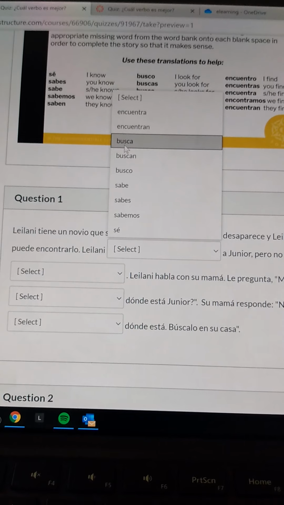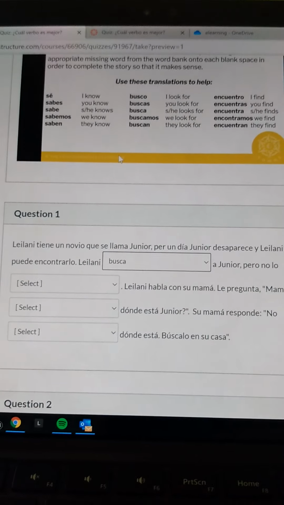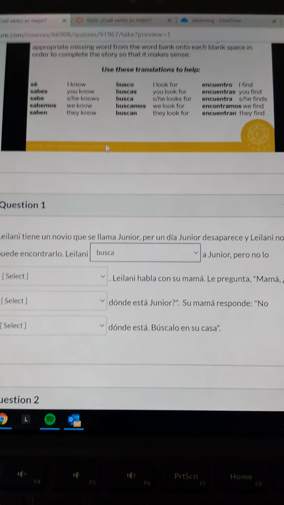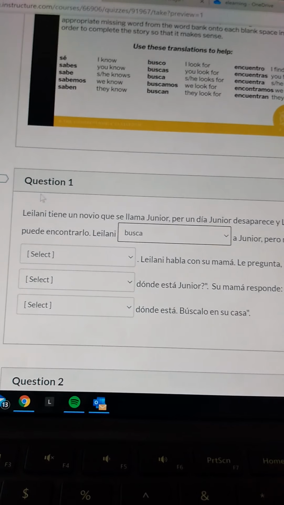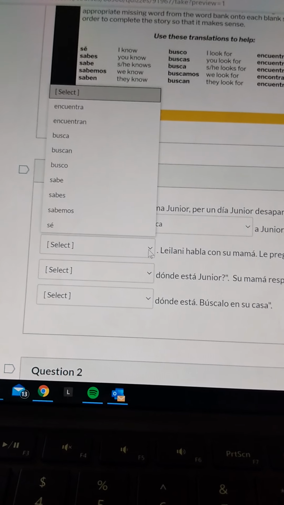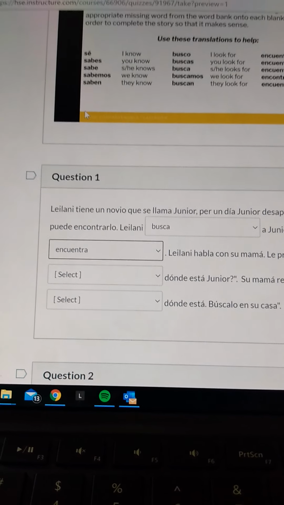So busca, that's the ella form. Leilani busca a Junior. Pero no lo, again, that lo refers back to Junior, him. She doesn't, what? Find him. She doesn't find him. Makes sense. Encuentra.